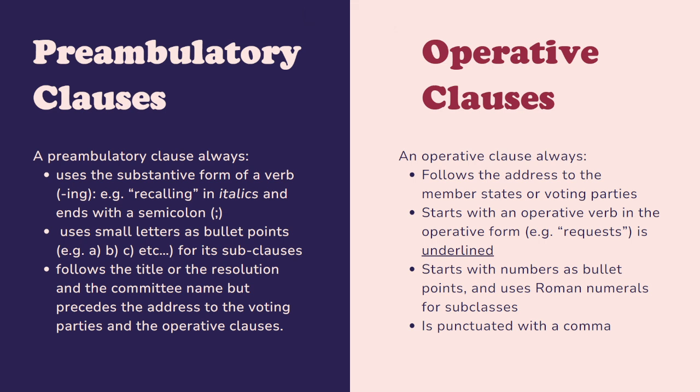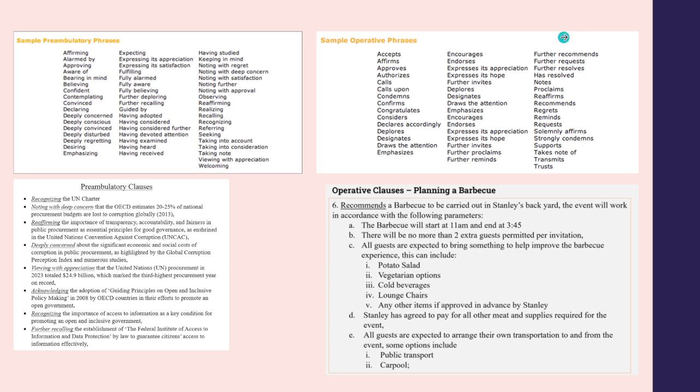Then there are some sample preambulatory phrases you can use. As you can see, they almost all end with -ing or "alarmed by". Take a look at this, and you have some sample operative clauses as well. When you look at the preambulatory clauses, almost all the time, most delegates start with recognizing the UN Charter.